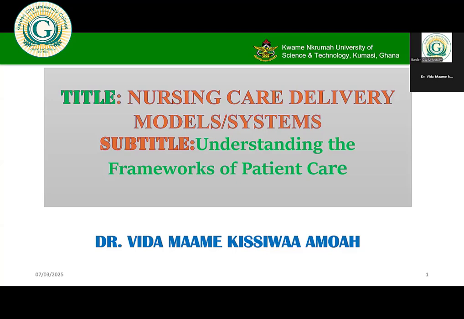Let's start and finish. So we are going through nursing care delivery models. These are system delivery models. We can call it nursing care delivery models or nursing care delivery systems.